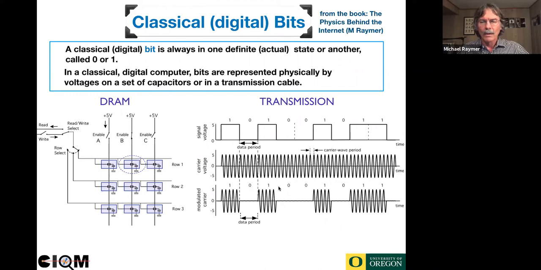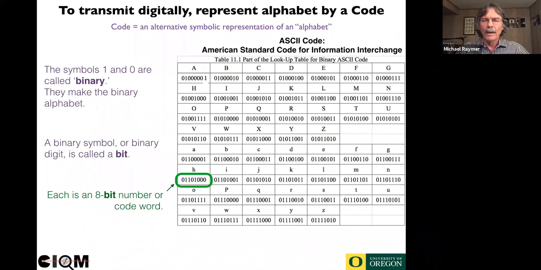So 1, 2, 3, 4, 5, 6, 7, 8. Those first 8 represent a sequence of bits, and those would map onto one of these. I don't know which one, maybe it's this one, for example, represents the letter H, the lowercase h. So that's how we encode language words into mathematical or logical signals.